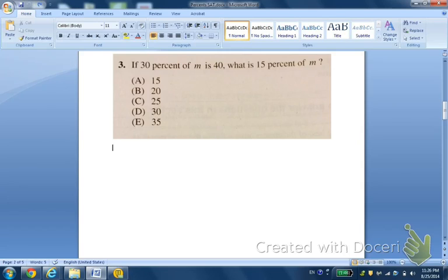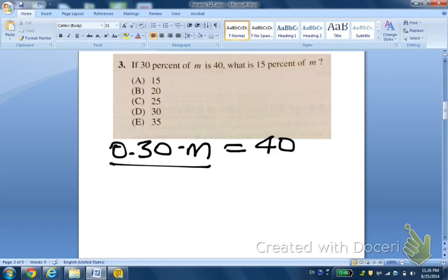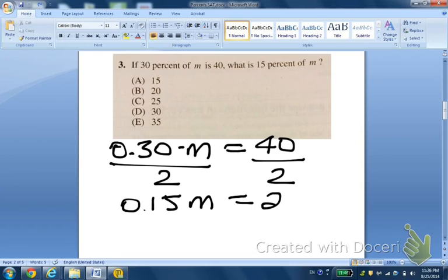One way you could write this down, let's write it down right here. 30% of M is 40, right? How can you get 15% of M? You can just divide both sides by 2. 30% divided by 2 is 15% of M is 20.